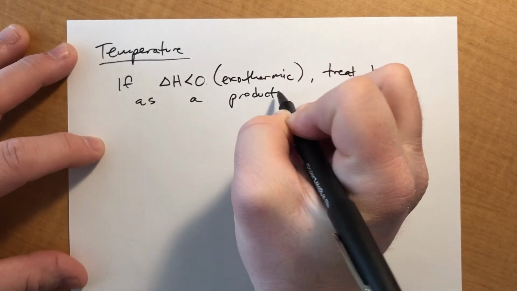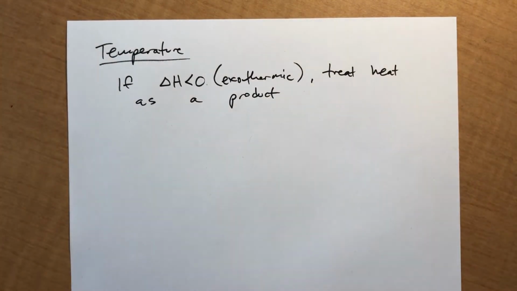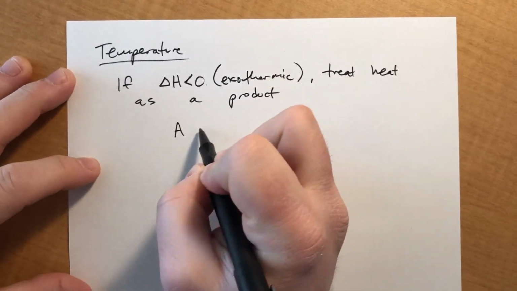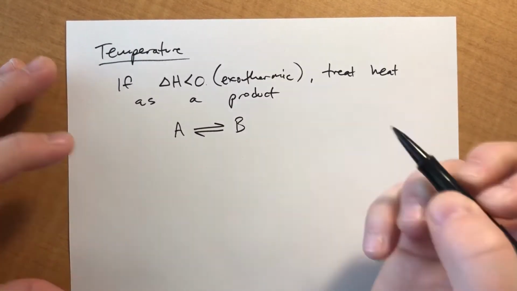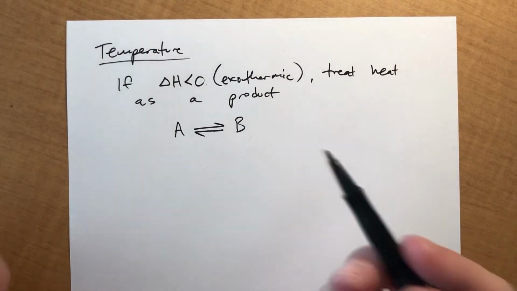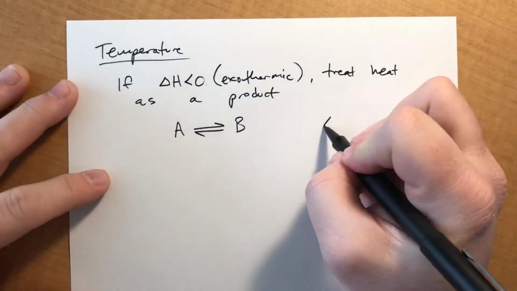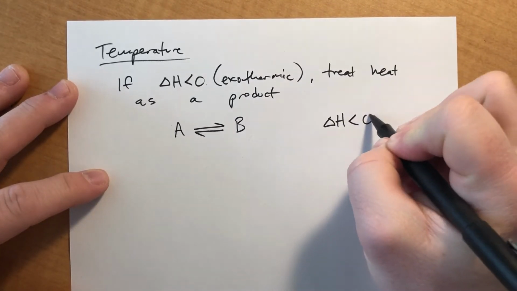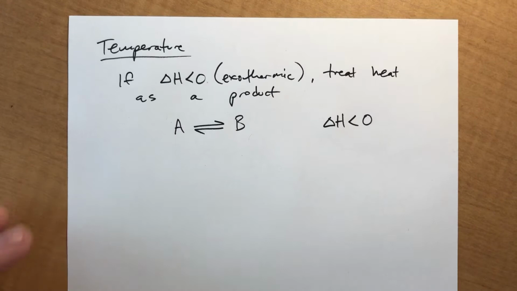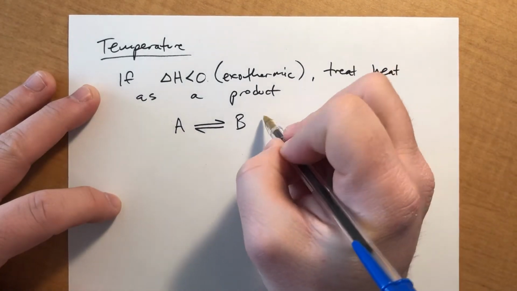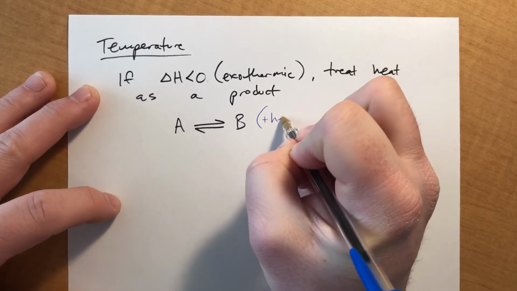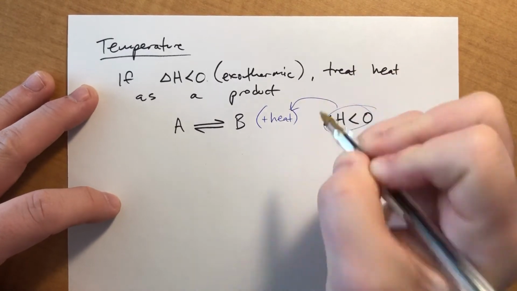We don't usually write it in the balanced equation, but for visualization's sake, for what we're talking about here, we could. So let's say we had some generic reaction, A in equilibrium with B, whatever the compounds are. And we have looked up that the delta H for this reaction is negative, okay? What that means for us is we can interpret this as saying that heat is a product.